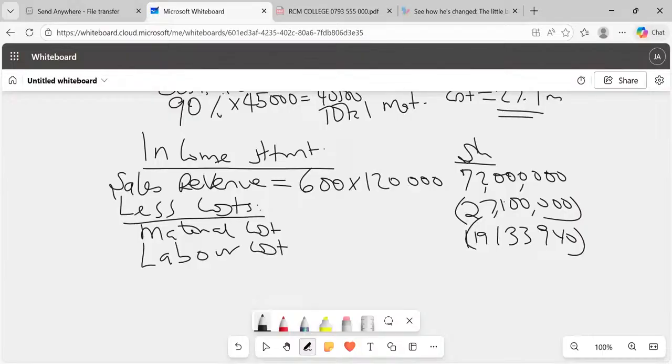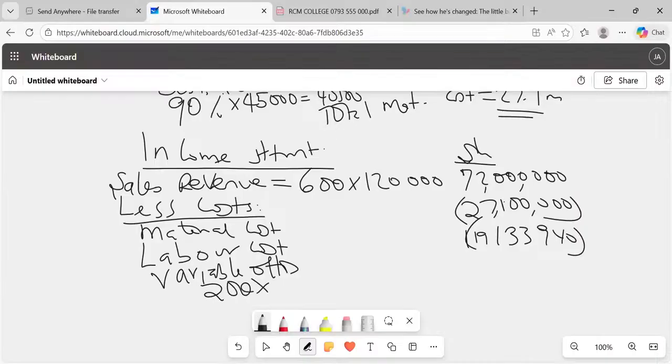And then we have variable overheads. What have they told us about absorption of variable overheads? Per labor hour. Fortunately, we have the labor hours. Do you remember them?